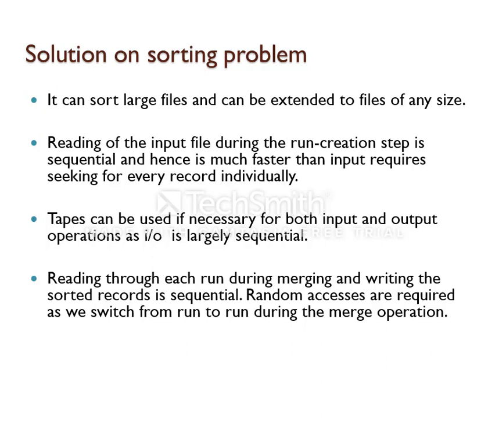Buffers can be used if necessary for both input and output operations as input and output is largely sequential. Reading through each run during merging and writing the sorted records is sequential. Random accesses are required as we switch from run to run during the merge operation.